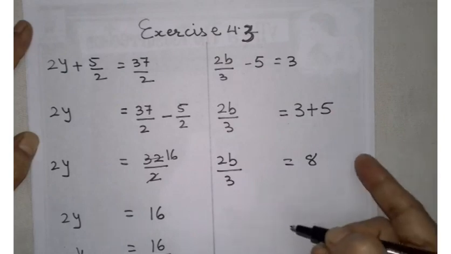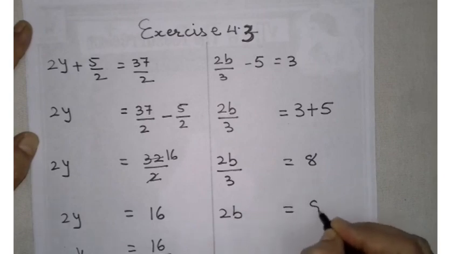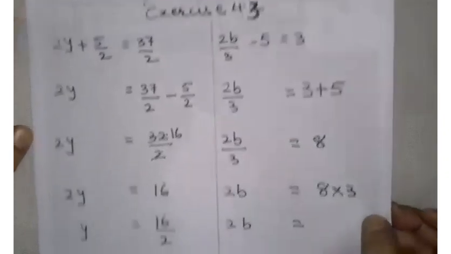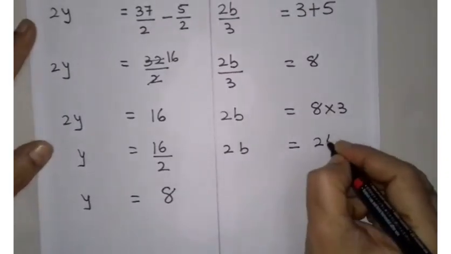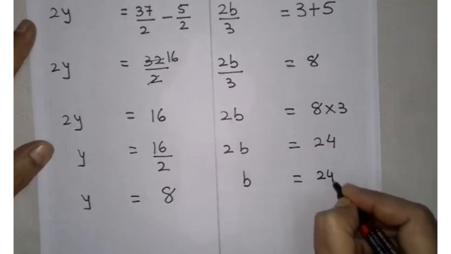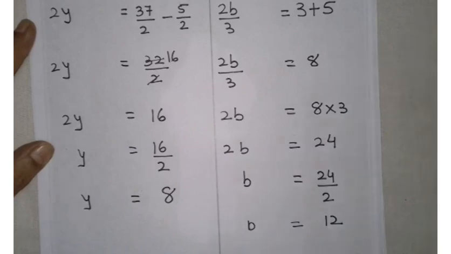Correct, it will be multiplication. So 2b is equal to 8 into 3. So 2b is equal to 24 and b is equal to 24 divided by 2, that gives us b is equal to 12. So understood children? Clear?